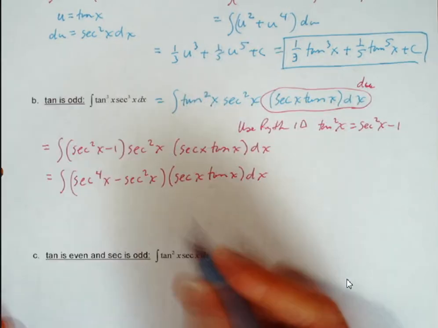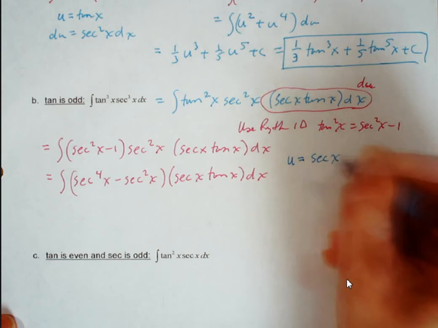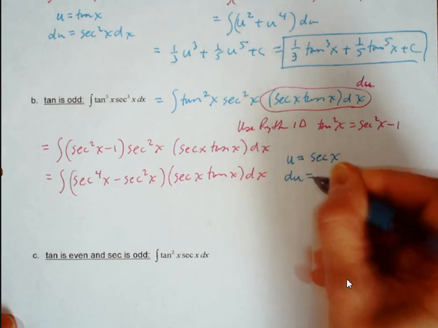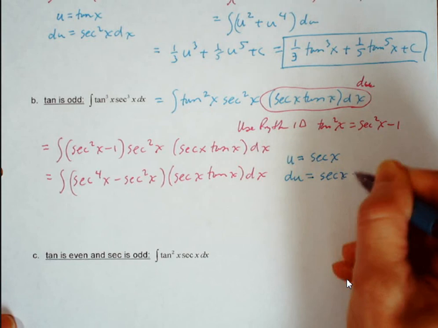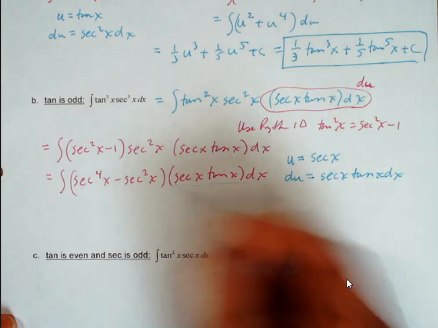Now I'm ready to do my u sub. The u is going to equal secant of x, and du is equal to secant of x tangent of x dx, and I have exactly that right here.